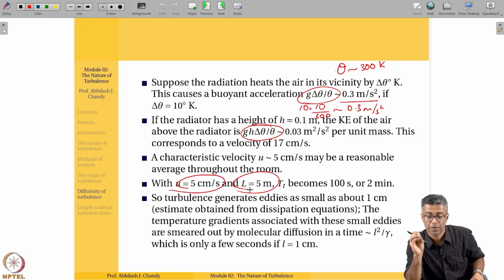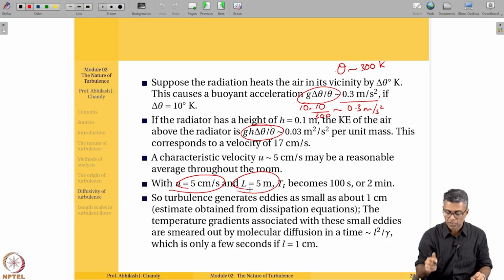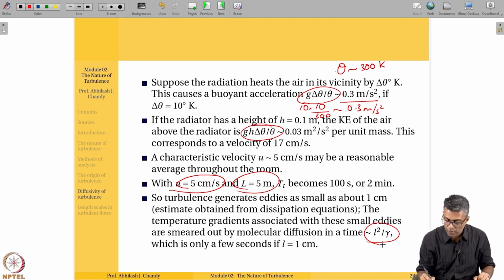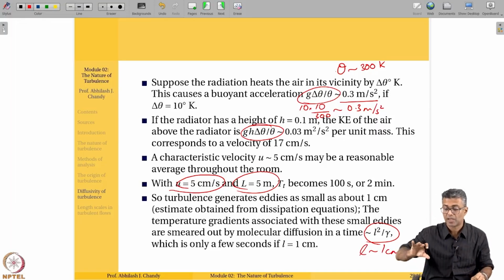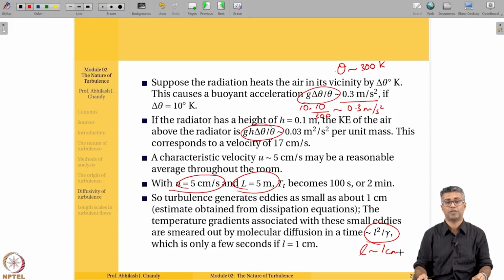I'm talking about dissipation here, in a time of the order of L squared over gamma, where L is approximately 1 centimeter. These are the smallest eddies, dissipated by molecular diffusion.